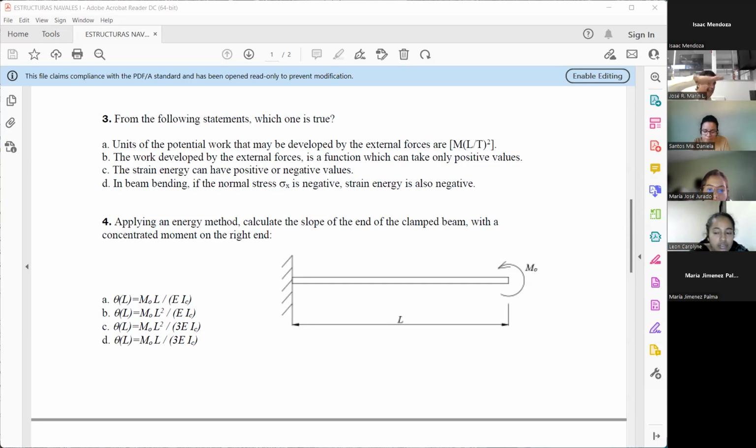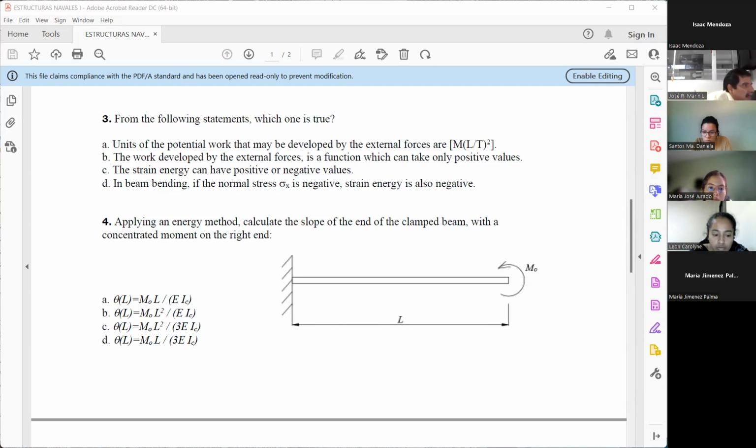The left-hand side cannot move, so you have to develop a force, and it cannot rotate, so you have to develop a moment. So on the clamped end, you have two reactions, force and moment. So two unknowns. And how many equations do you have here?